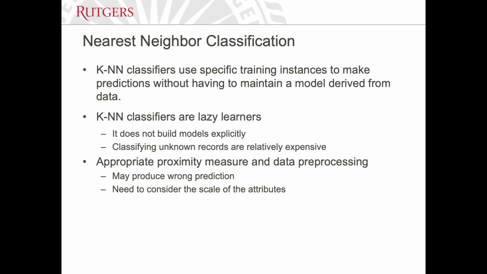As we mentioned before, it is a lazy learner as it doesn't require model building, but it can be expensive to classify unknown records because it needs to calculate the proximity values. KNN classifiers can produce wrong predictions unless the appropriate proximity measure and data preprocessing steps are taken. If the attributes have low variability, the proximity measure may be dominated by certain values. It's important to consider the scale of the attributes.